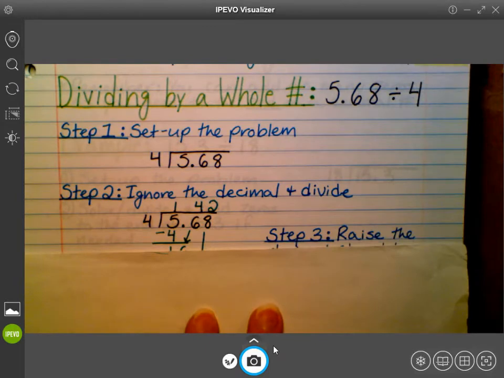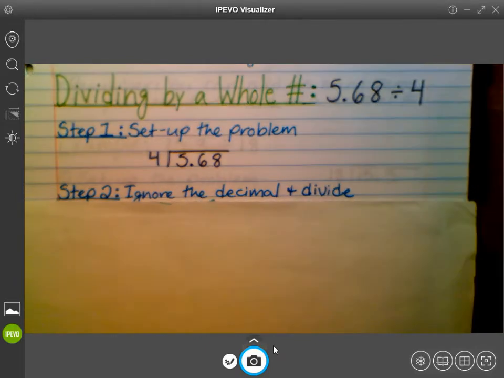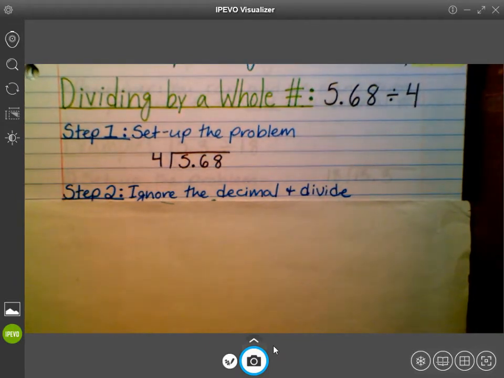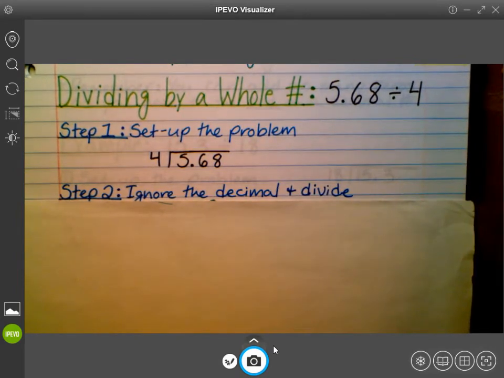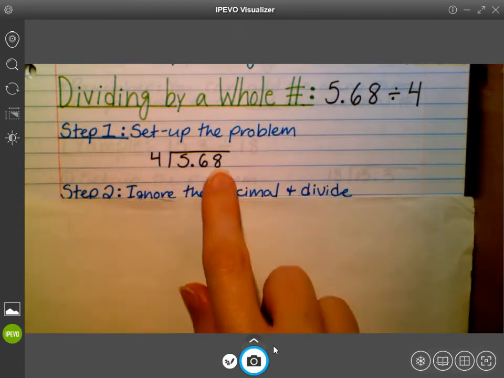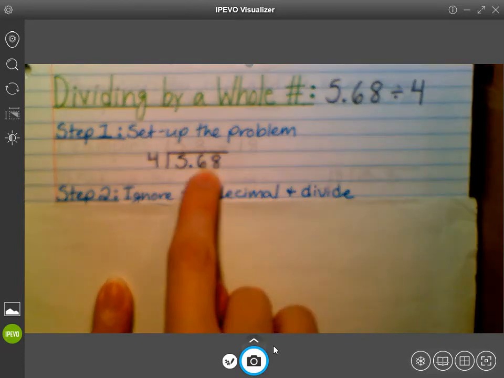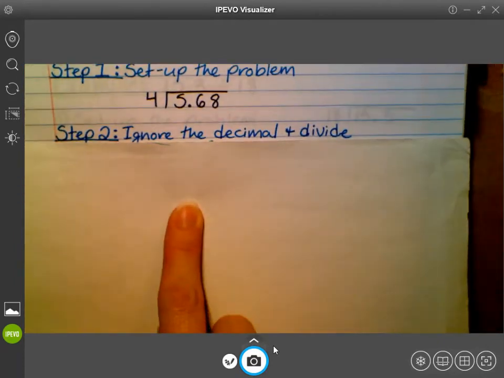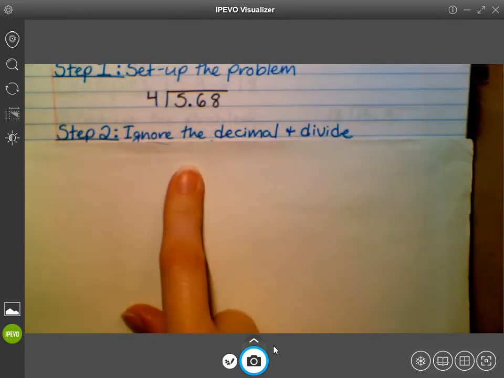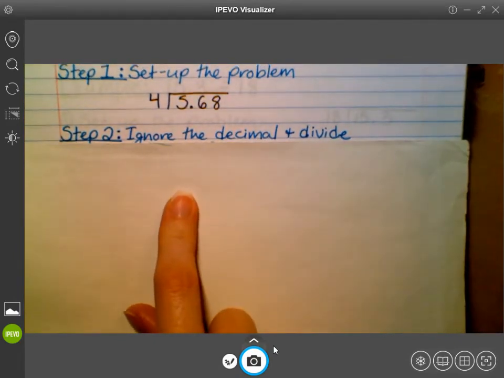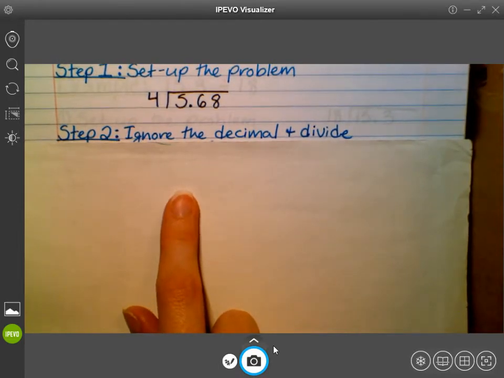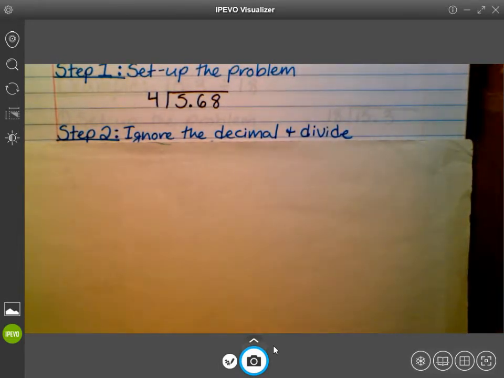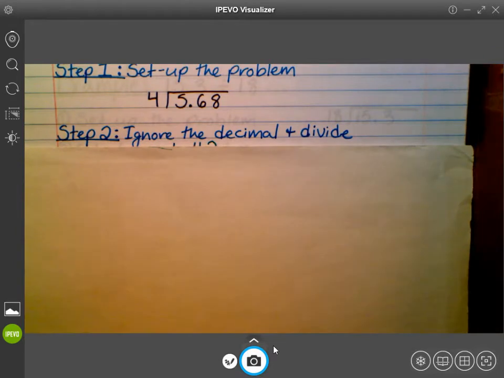I'll let you do it because I don't want to reveal step 3 yet. So once you've written down step 2, ignore the decimal and divide, you're going to rewrite this underneath step 2, but you're going to actually solve it this time. So reset up the problem under number 2, but actually solve it. And make sure you leave space above it so that you can put the answer on top, like we do. And then I'll show you what I got. Thank you, Yosius. And we'll see if we got the same thing.